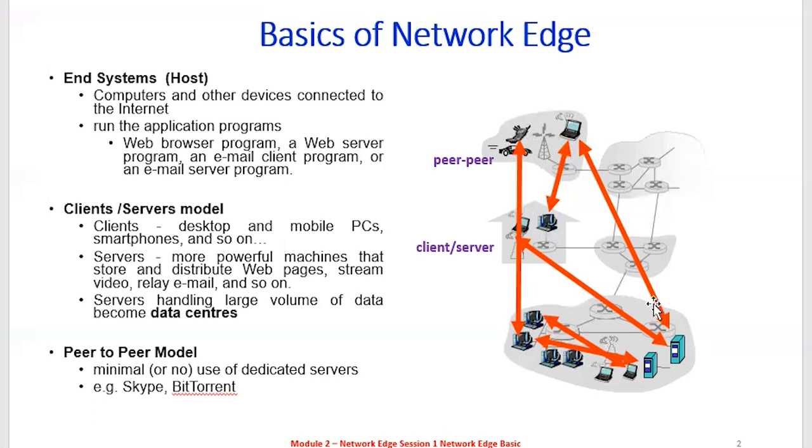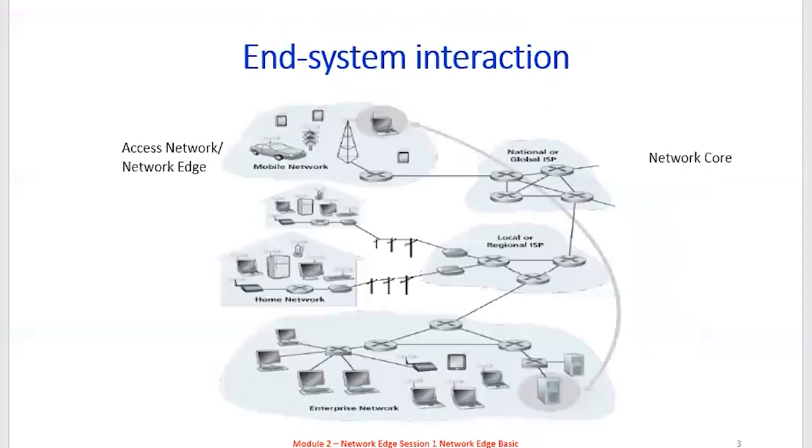Okay, so two models you have seen. Basically, this is the end system interaction with the ISP. The same scenario we have taken. Here, these end systems that are connected to the ISP are called the access network or network edge.